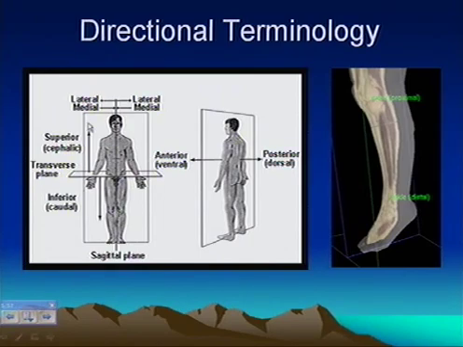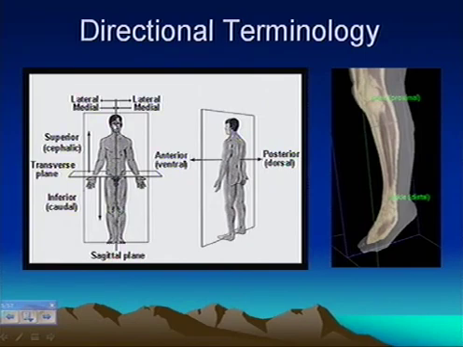Another one we need to learn is lateral and medial. Something is lateral if it is farther away from the midline. So if this is the midline of the body, the line going straight down the center of the body, this person's ear is lateral to his nose, and his nose is medial to his ear. Now, just because I said here that the nose is medial, it doesn't always have to be medial.